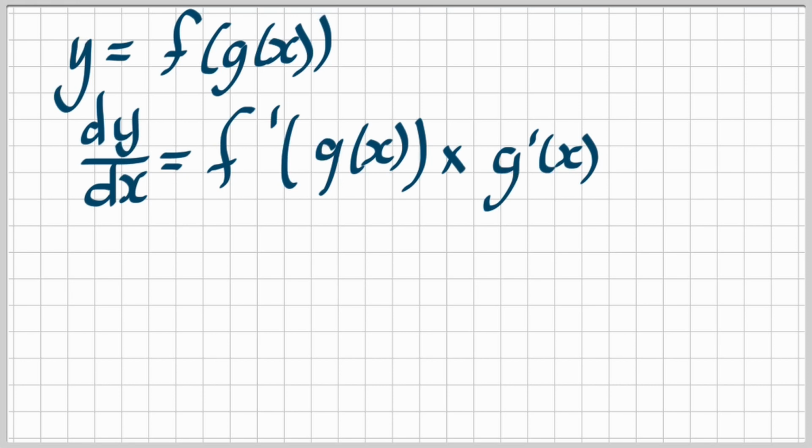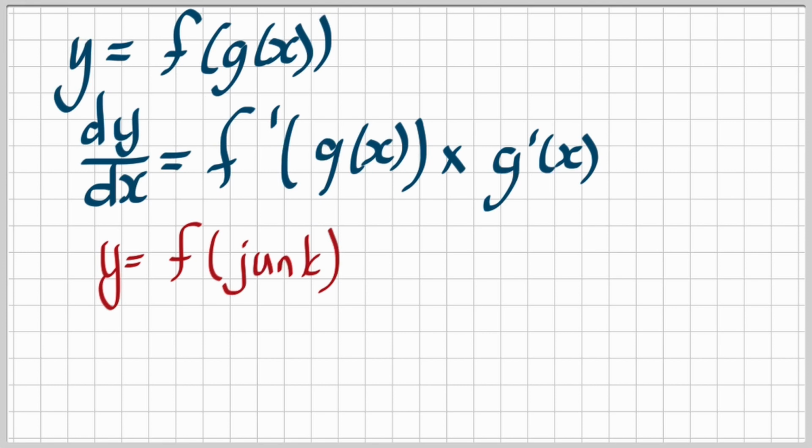But I don't want to work with outside and inside functions necessarily. So what I want to look at is, remember the previous video on decomposing functions, I talked about junk. So I'm going to now see this as being f of junk. So the g of x is just basically the junk, just a nice way of saying the inside function.